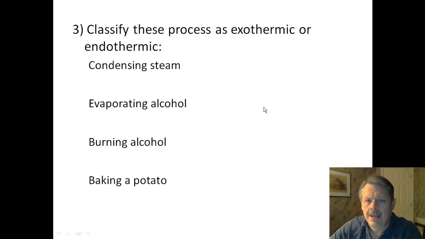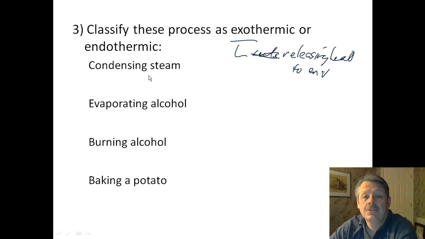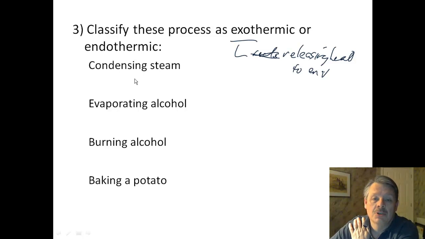All right, exothermic versus endothermic. Remember that exothermic means releasing heat, R-E-L-E-A-S-I-N-G, releasing heat to the environment, or to the surroundings, if you will. All right. Well, condensing steam, let's think about evaporating alcohol first, and let's go back.